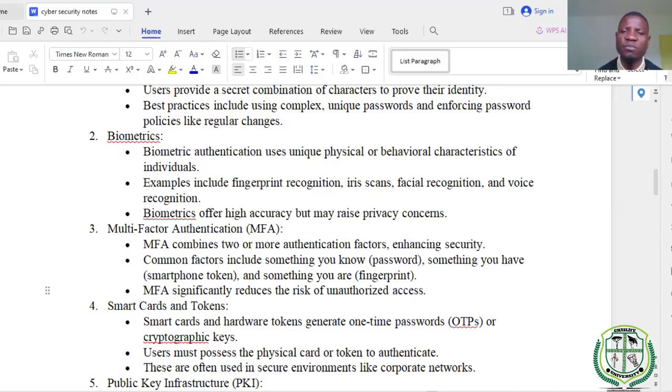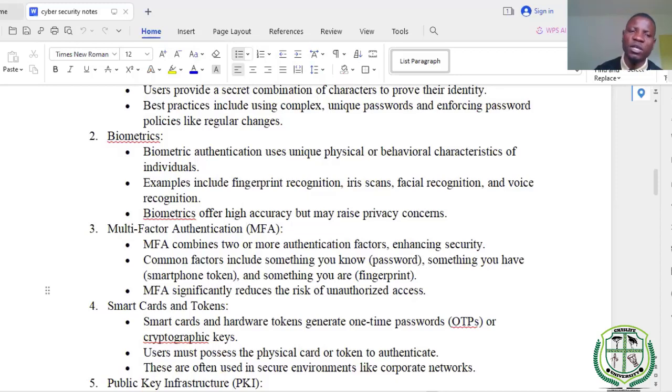That's how it works. And it may also be something you are, like a fingerprint. So that brings the aspect of multi-factor authentication, which significantly reduces the risk of unauthorized access.